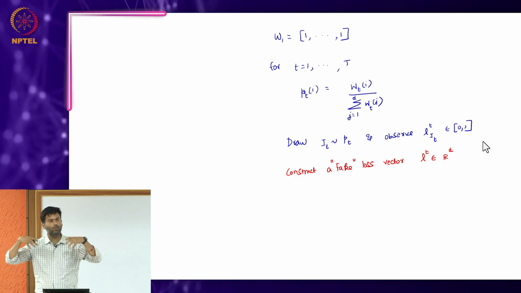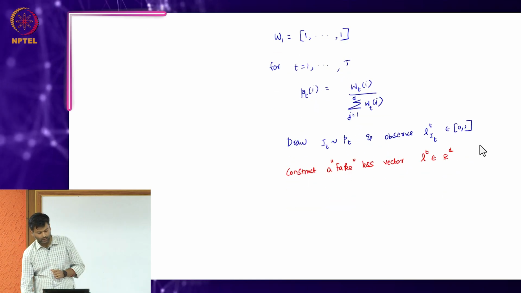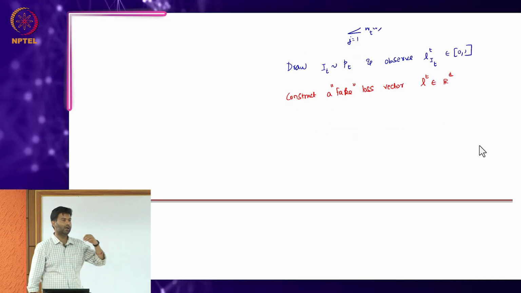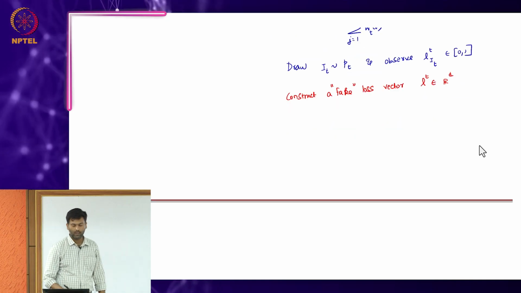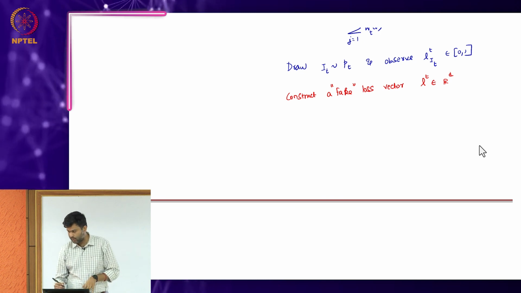I am going to somehow create this fake vector, and once it is there, I will pass it to my randomized weighted majority algorithm and use it to update my weights. And the way I would do this is as follows.